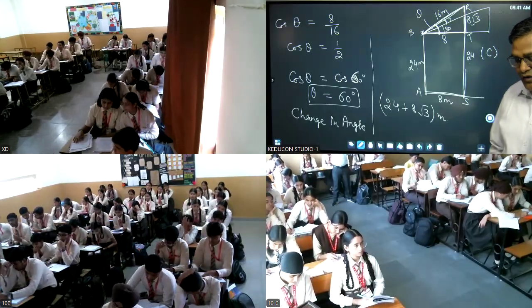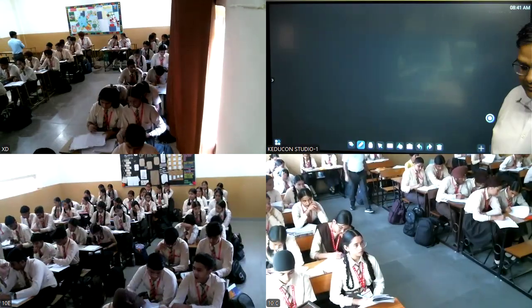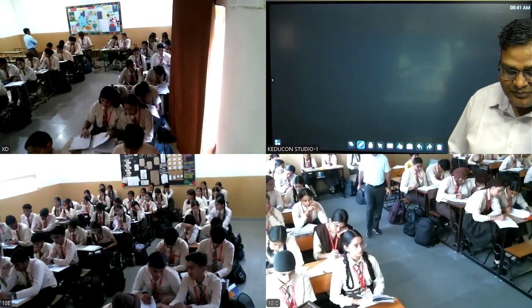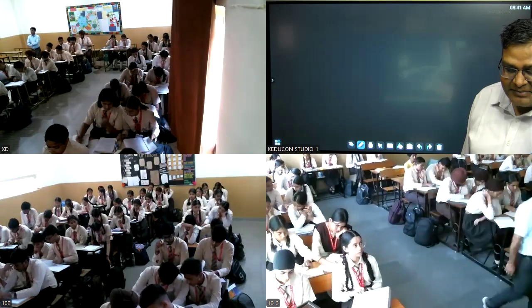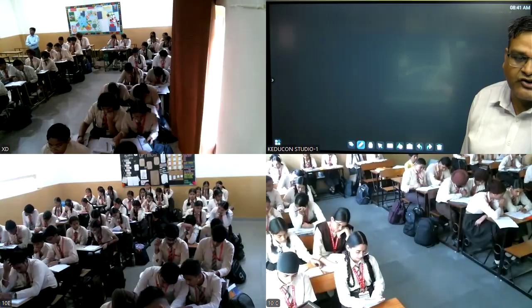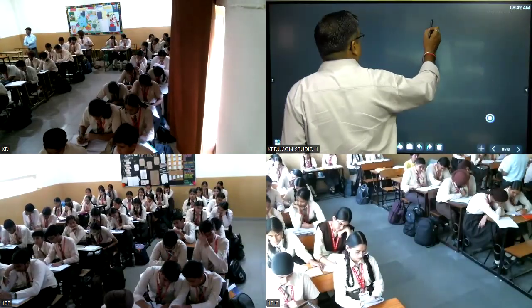Right, we move on to the next module. हाँ जी, क्वेश्चन देखिए बच्चों. In the given figure, ABCD is a rectangle in which segment AP and AQ are drawn as shown. Right? ABCD is a rectangle.